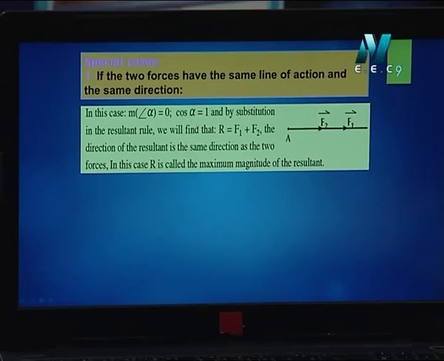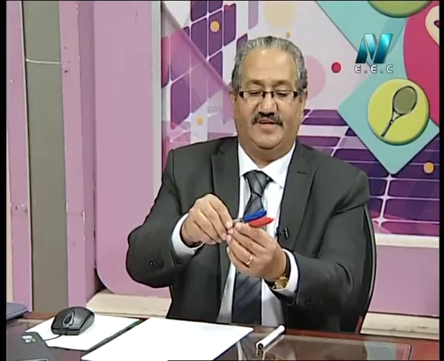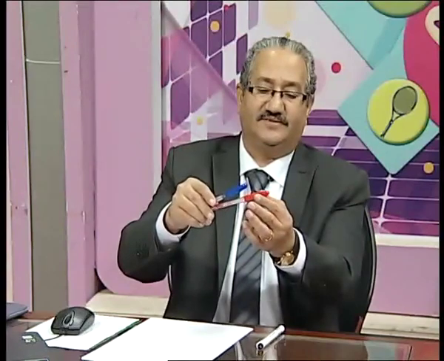So concentrate with me, my dear students. We have here two forces. This force and this force have the same direction, so they move together like that, and they have the same line of action. What is the angle between them here? The angle between them equals 0.